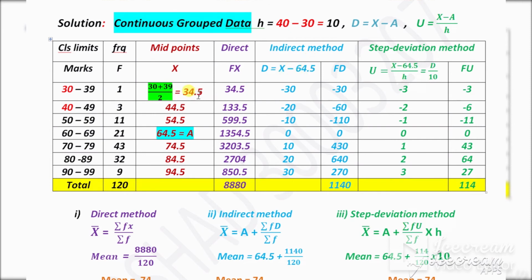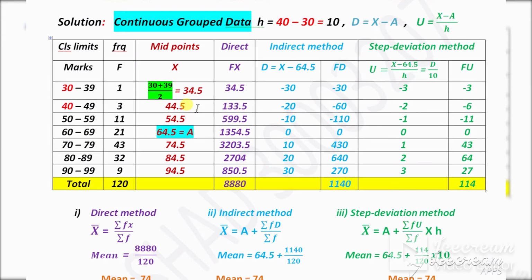Now 34.5 minus 64.5, we will get minus 30. 44.5 minus 64.5 is minus 20. 54.5 minus 64.5 is minus 10. 64.5 minus 64.5 is 0. 74.5 minus 64.5 is 10. 84.5 minus 64.5 is 20. And then this one minus this one is equal to 30. Now these are the values of d.